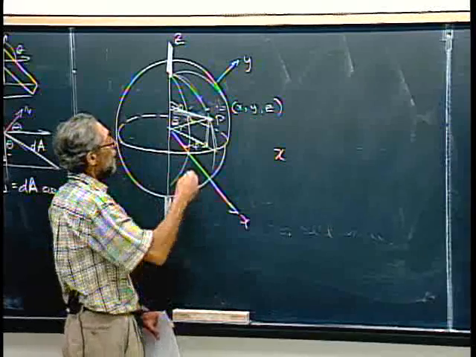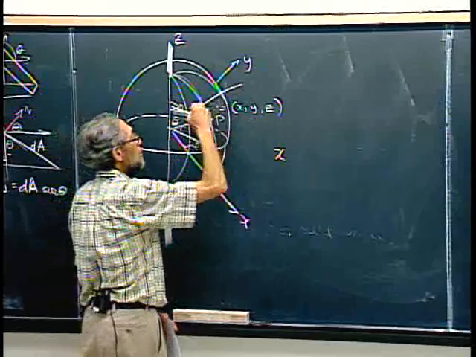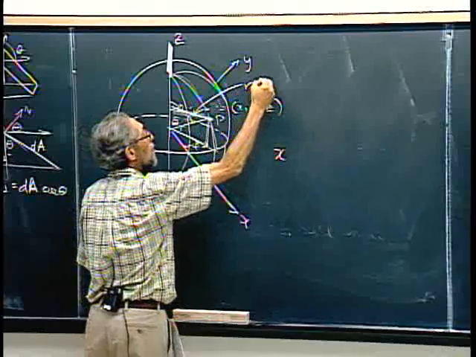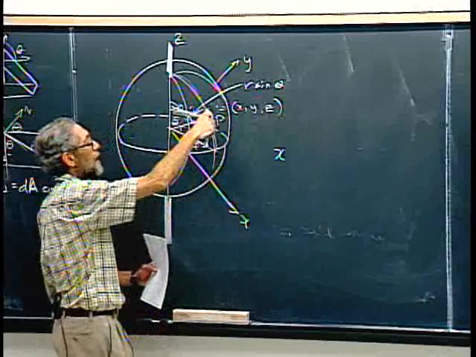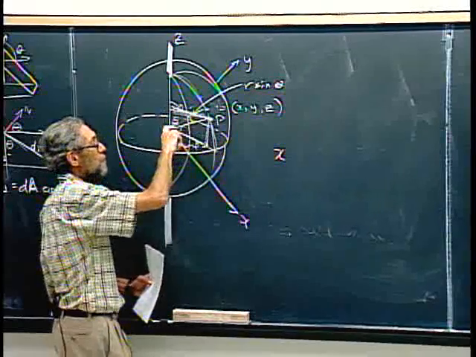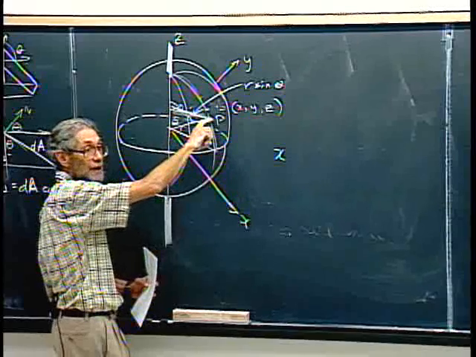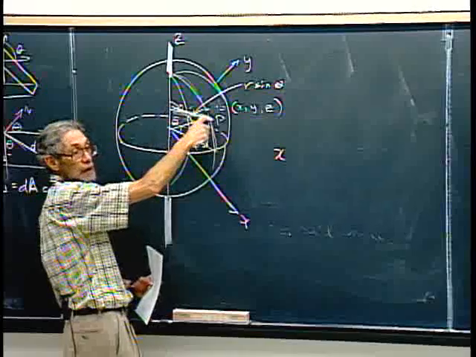So actually it's not cosine theta. Because it's measured from the z-axis, this is actually r sine theta. Because this is the side opposite: the ratio of the side opposite to the hypotenuse is sine theta, so you multiply the hypotenuse by sine theta to get the side opposite.